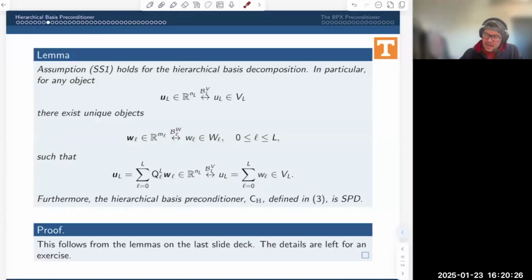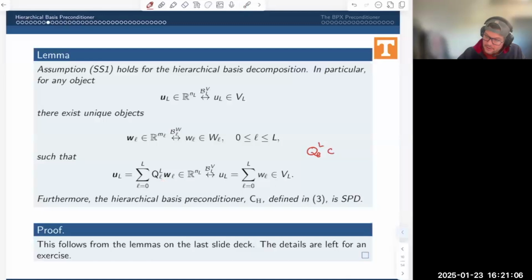Of course, I can write that either in the finite element setting or in its coordinate setting. So the coordinates: u_L is equal to the sum from l equals 0 to capital L of Q_{L,l} w_l, which is an element of R^{n_L}. Let's make sure that all of the dimensions are correct here. Remember, Q_{L,l} is a tall and thin matrix.